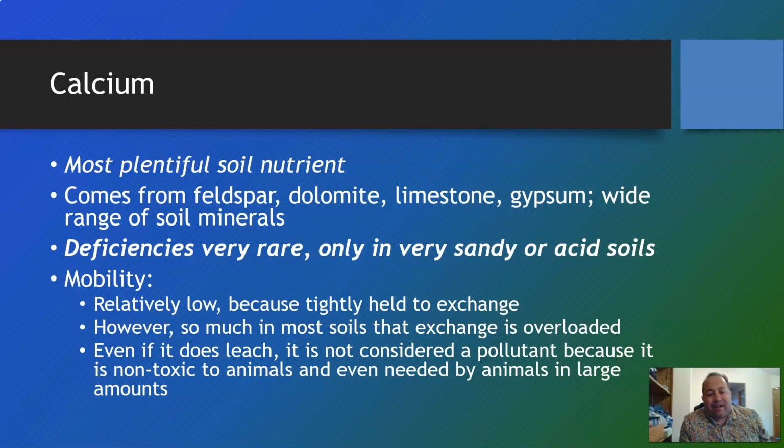The other thing to think about is that even if it leaches, it's not really considered a pollutant because it's non-toxic to animals and it's actually needed by animals in large amounts. So having plenty of calcium in our soil is not a bad thing, because even if we end up with extra calcium in the system, it usually works out to be okay.